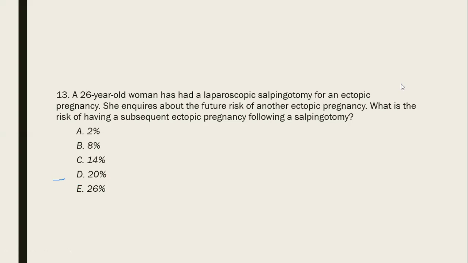A 26-year-old woman has had a laparoscopic salpingotomy for ectopic pregnancy. She inquires about the future risk of another ectopic. What is the risk of having a subsequent ectopic pregnancy following salpingotomy?